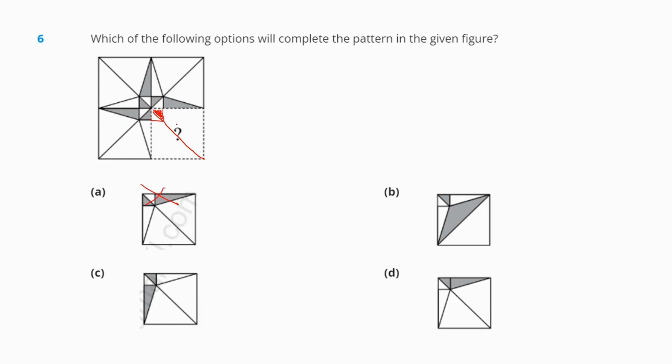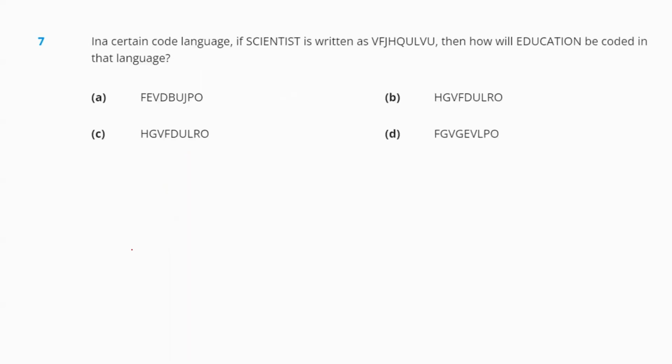We have three options left. And this and this. So this option also gets cancelled. Now the shaded part will be this part. So answer C is the correct answer. Moving on to the next question.